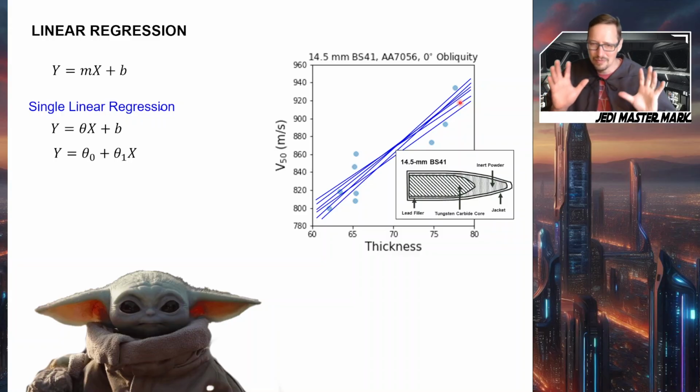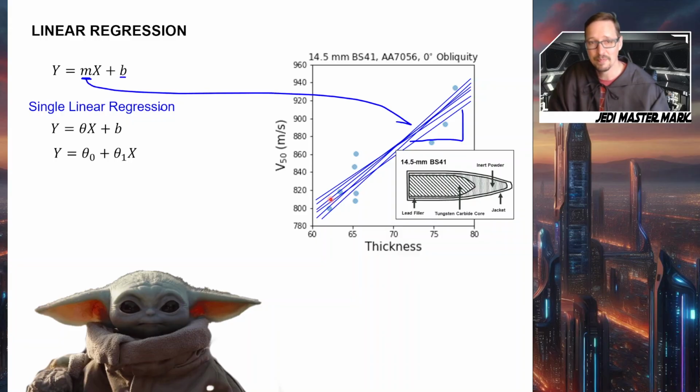But for now, just know that we have this real data, these data points, and we're trying to fit a model that captures this relationship between the armor thickness and the V50, this quantity that describes how effective a bullet is or how effective armor is. And once again, there is the slope term. And the intercept term is going to be where it intersects this y-axis when x is 0.